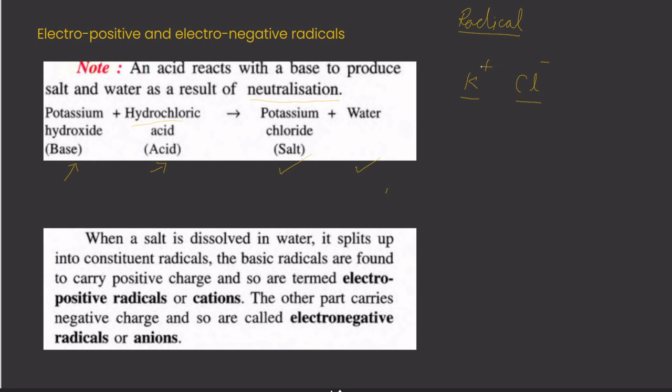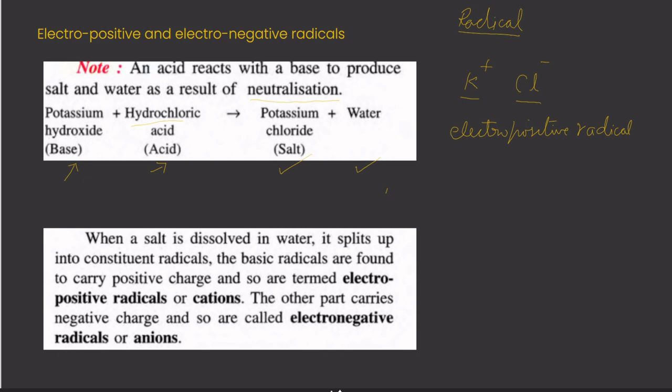K plus, which has a plus sign on it, is known as the electropositive radical. This is also an ion, isn't it? K plus charge is there, it's an ion. So it is the electropositive radical, or the cation.